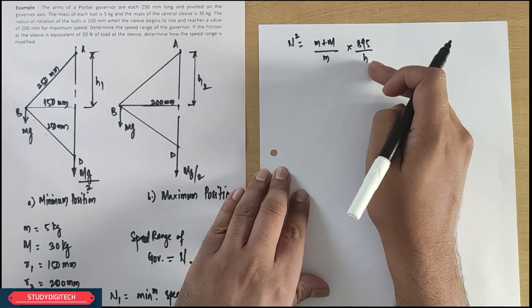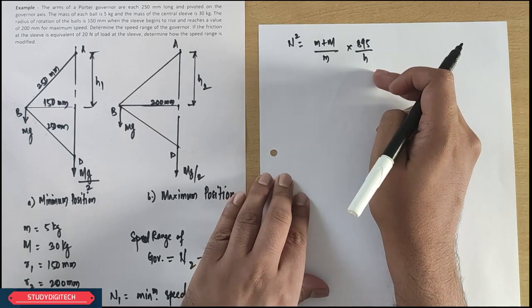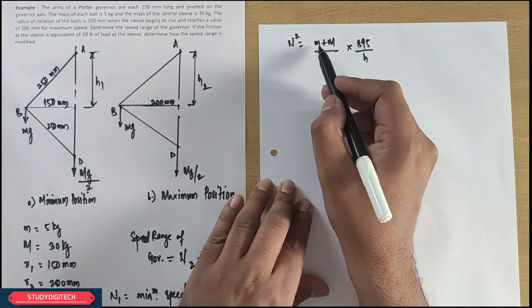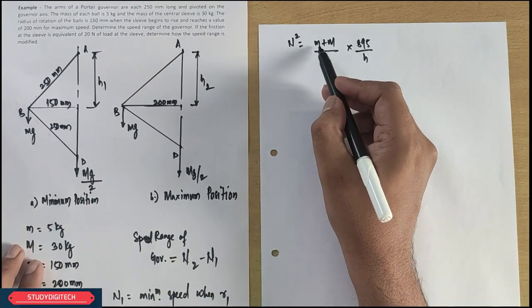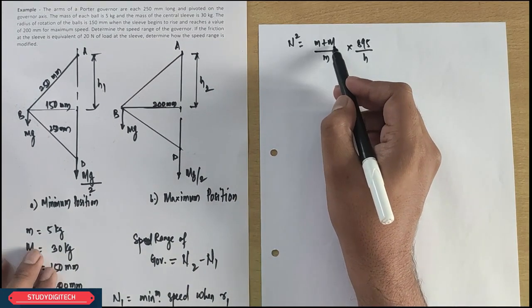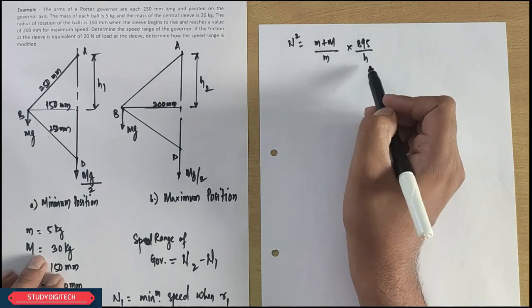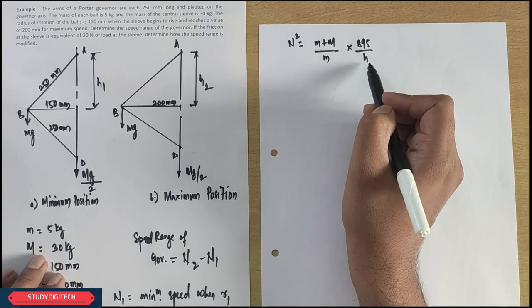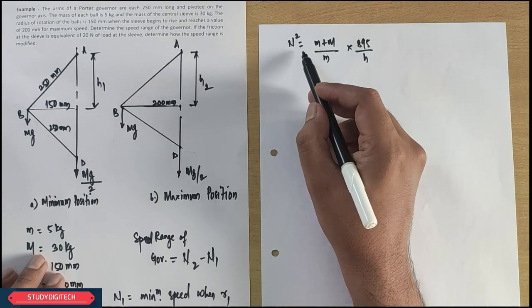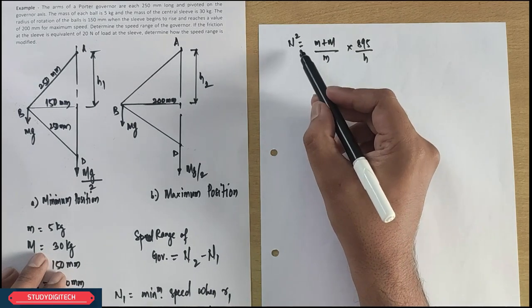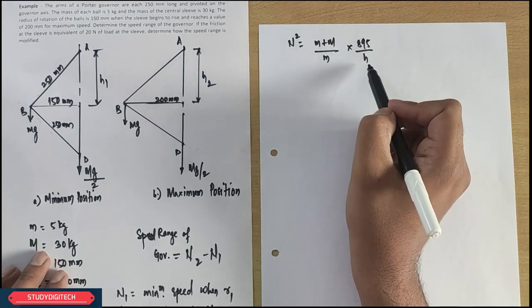So h1 will be for minimum position, h2 will be for maximum position. We have the values of mass of each ball and mass of central load, but the value of height and speed is not known. So either we have to determine speed or height.